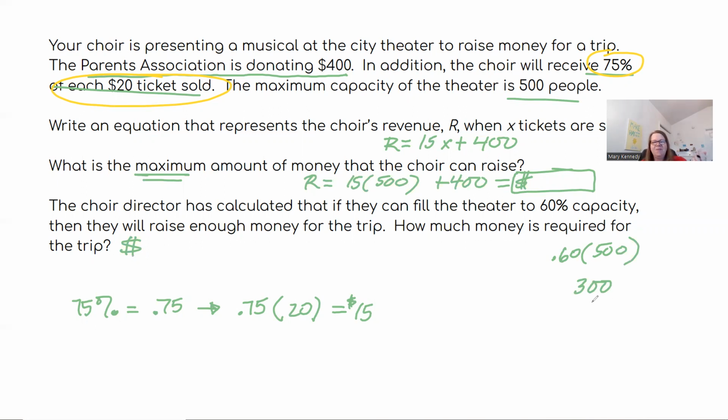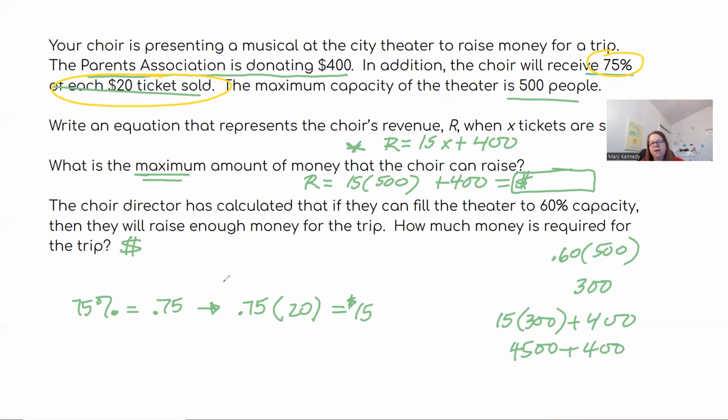All right. So now we can use our equation, this one right here. So $15 times 300 tickets plus 400. And so 15 times 3 is 45. So 4,500 plus 400.